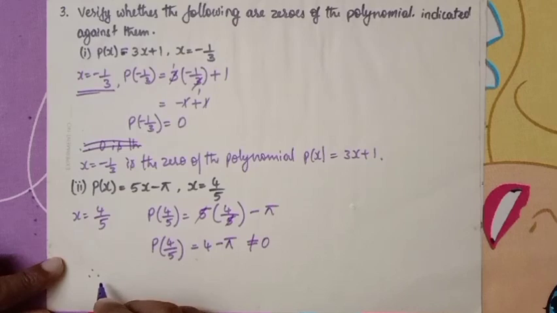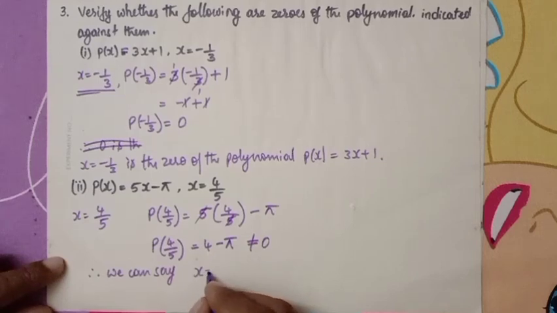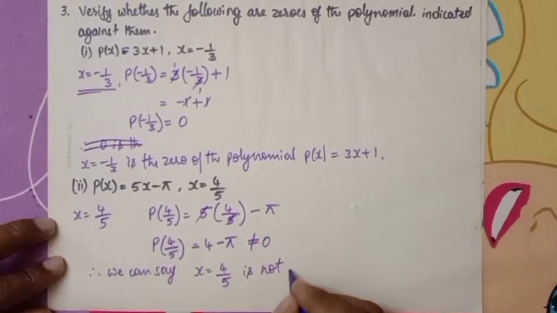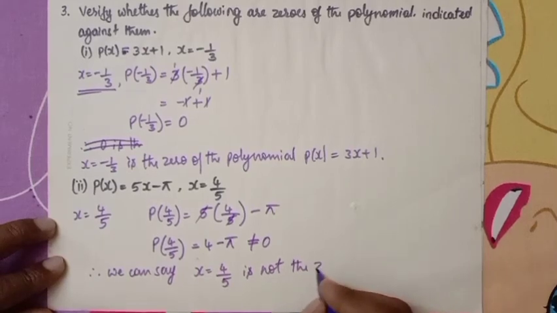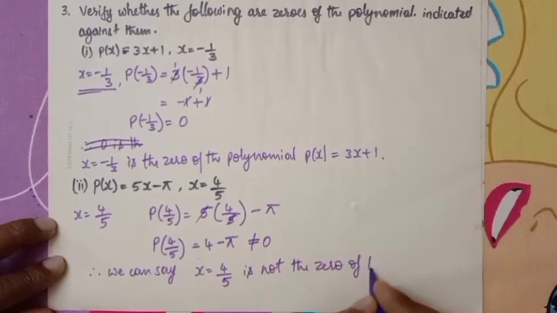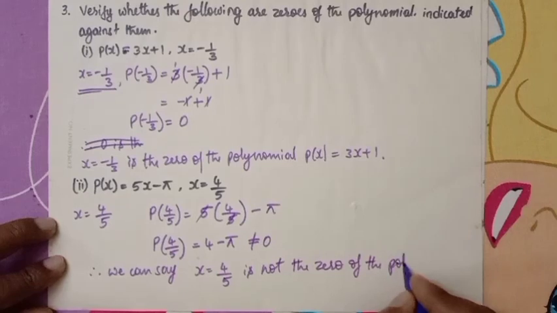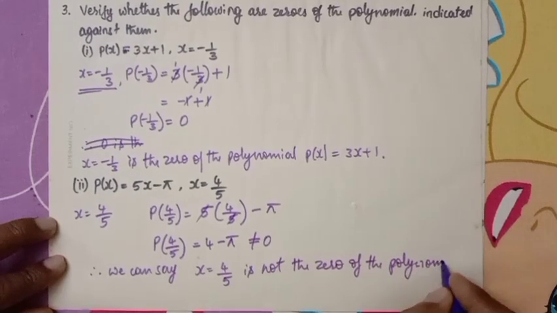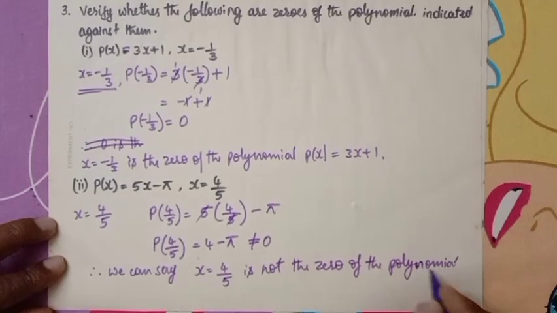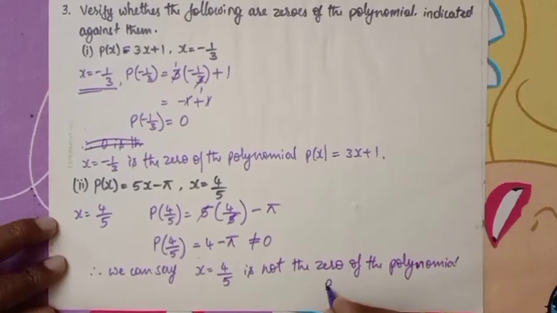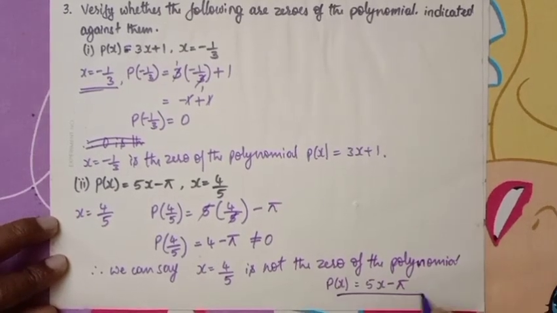Therefore, we can say x is equal to 4 by 5 is not the 0 of the polynomial p of x is equal to 5x minus pi.